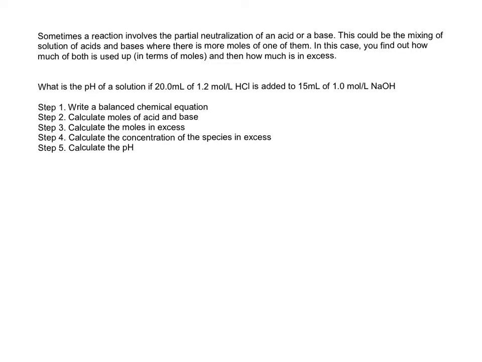Because we have the concentration and volume for each, we can figure out the moles for each. We know that it's going to be a 1-to-1 ratio because stoichiometrically, that's what we get from their balanced chemical equation. So then we can figure out the number of moles in excess divided by the volume total to find the concentration, and then we can find the pH.